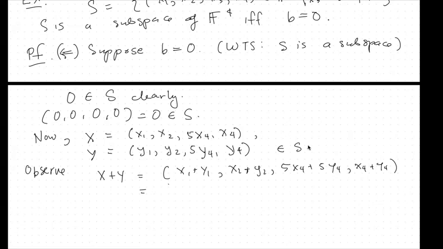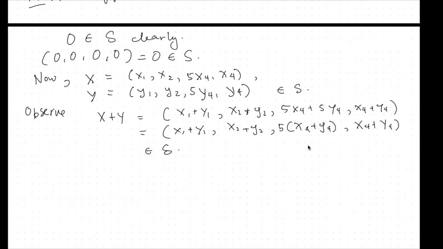And then this is just rewriting, although this is very obvious, 5 times x4 plus y4, and then x4 plus y4 here. Thus, we get this one is an element of S. So the closure with respect to vector addition is satisfied.